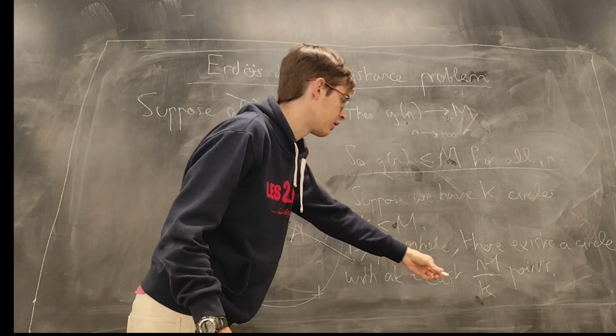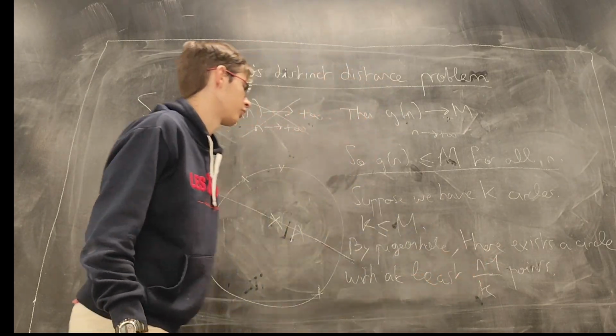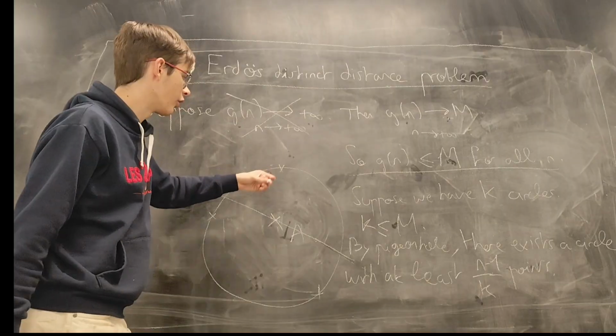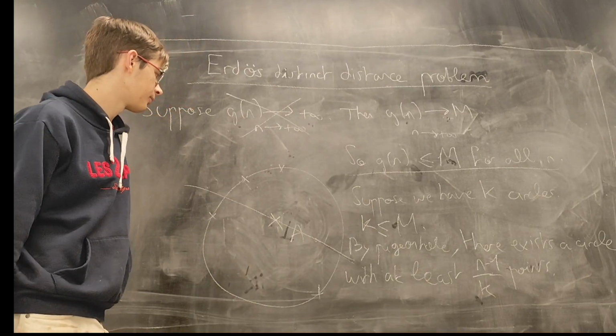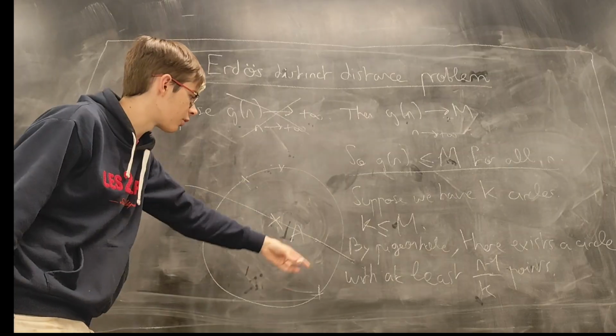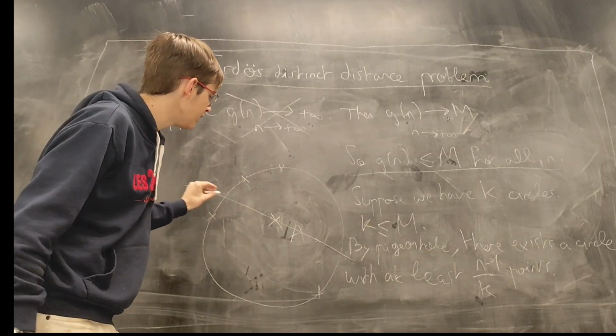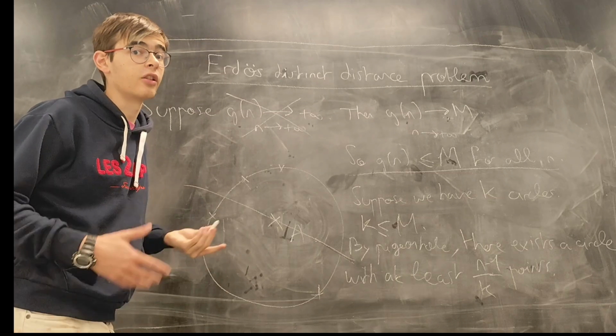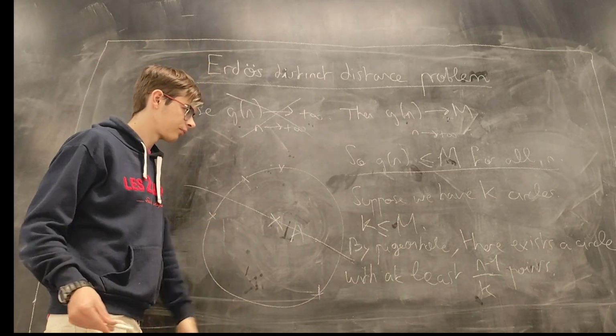Since we have at least this number of points on the circle, we know that we must have half of this number on at least one of the semicircles, once again by the pigeonhole principle. Here, since there are 4 points, for any diameter that we draw, one of the sides is going to contain at least 2 points.